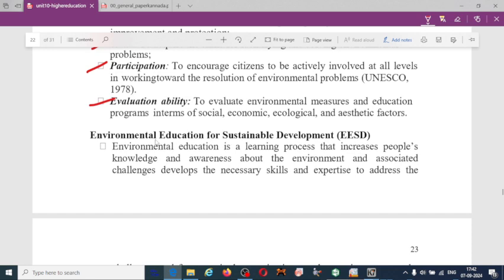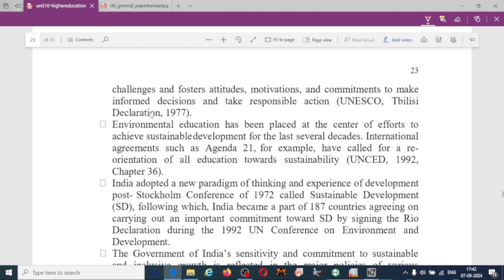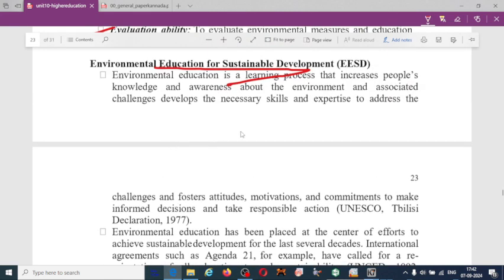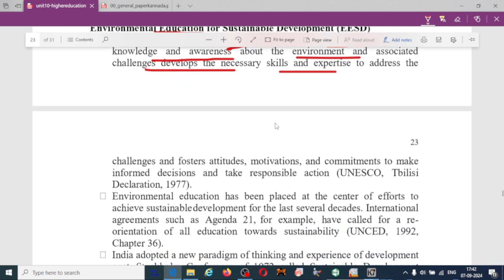EESD, that means environmental education for sustainable development. There are many important key points related to EESD: it increases people's knowledge and awareness about the environment and associated challenges, develops the necessary skills and expertise to address challenges, and fosters attitudes, motivation, and commitments to make informed decisions and take responsible action.